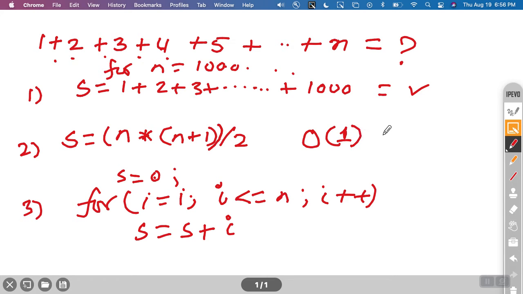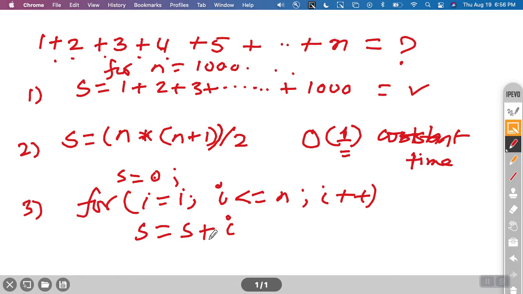Big O of 1, it takes constant time. No matter what the value of n is, it will take the same time, right? There is no looping. There is only one statement. Constant means not 1 millisecond or 1 second. It is a unit value. Okay.